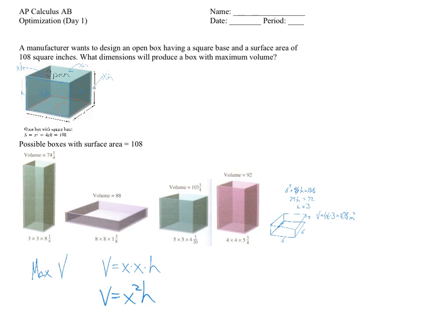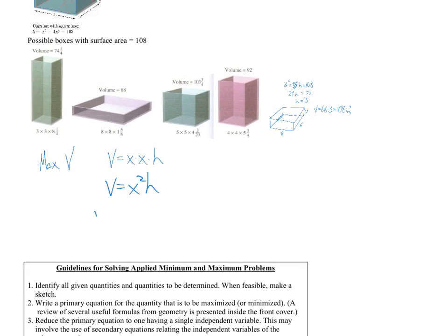And if we're trying to find the max, we may think about taking the derivative at this point, right? So dV/dx would be, well, we're kind of stuck because we have 2 variables, right?